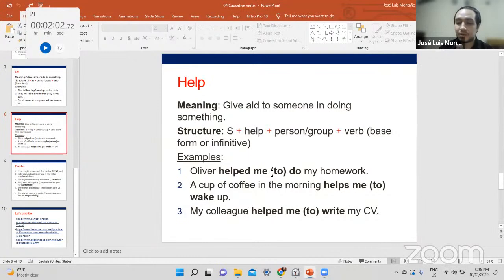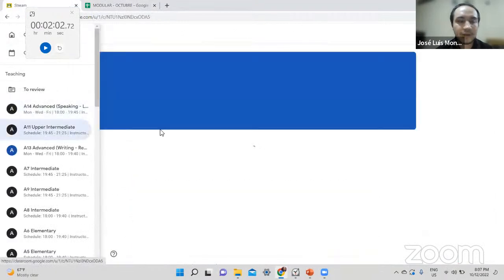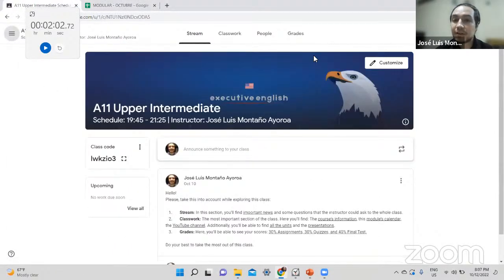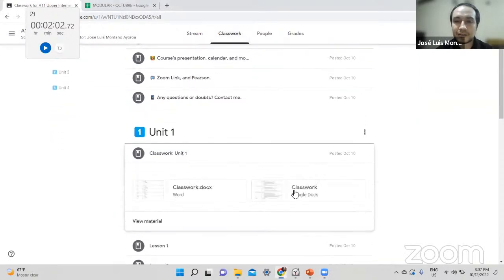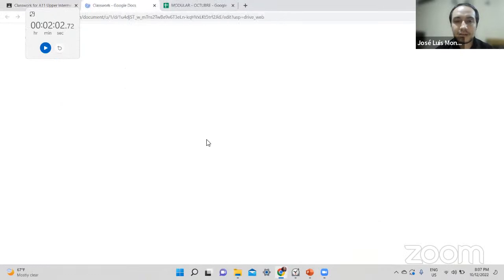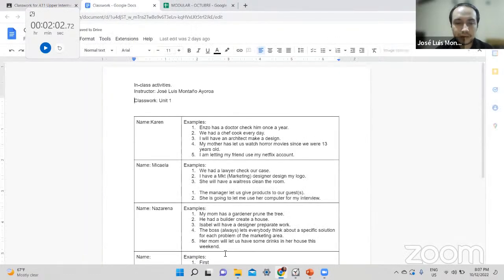But before going there, remember that we always have our file. If you have access to the class, you can go there, but just in case, I'm also sending the link. You're going to write as we always did, but this time it's going to be 2 paragraphs.